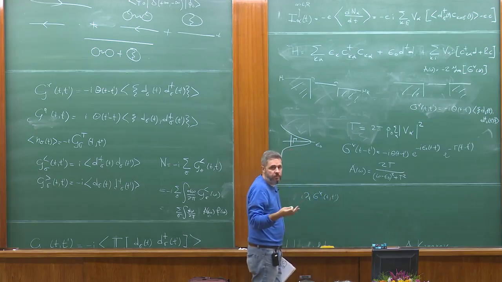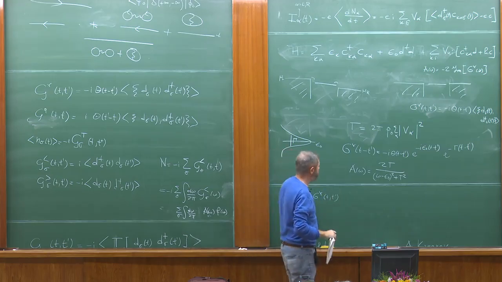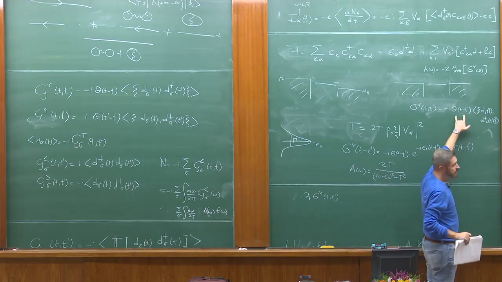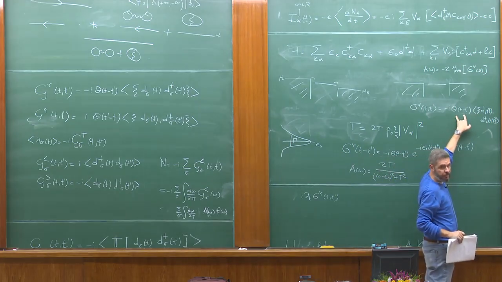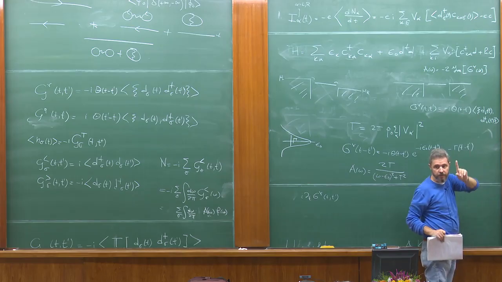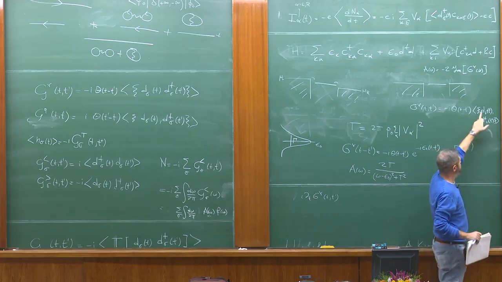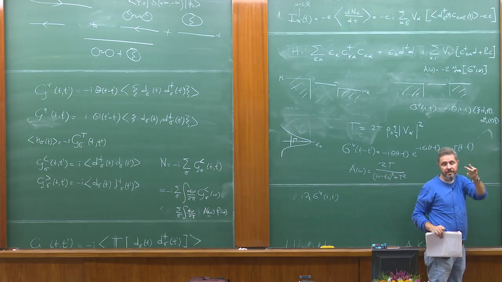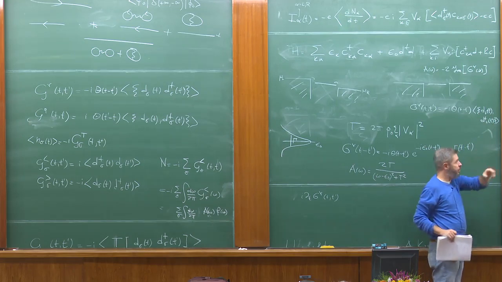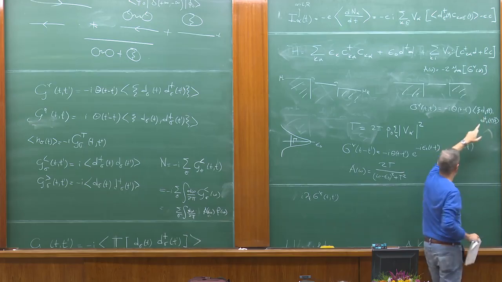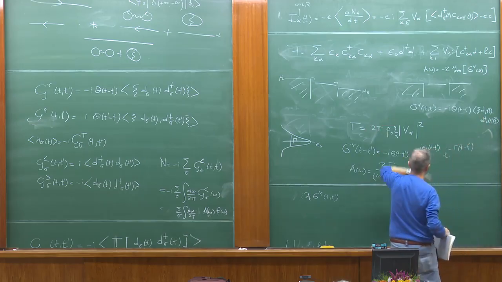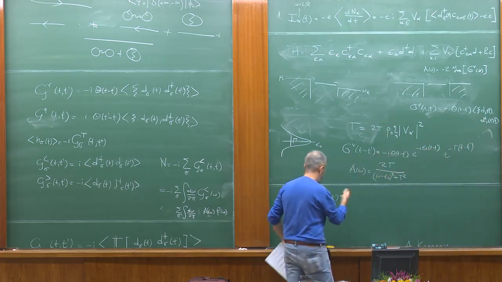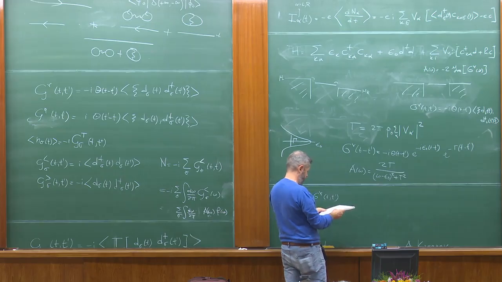And then use the fact that, well, here you will get a delta function and then an anti-commutator that will give you 1. And then it's going to act on this. Then you can use the Heisenberg equations of motion to compute the time evolution of this using the Hamiltonian. And you will get the first equation that I have written here.